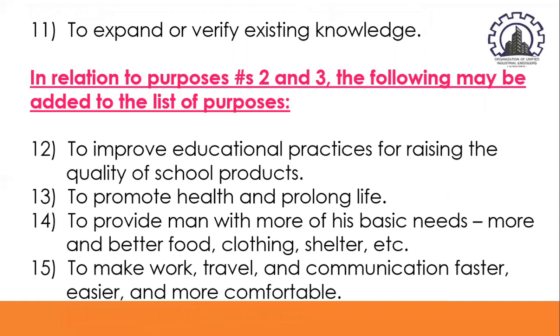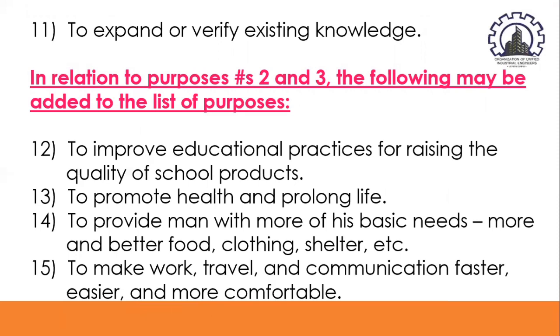Well, this usually happens when researches are replicated. Newly discovered facts may be found to expand knowledge gained from a previous research or verified if the same facts are found.